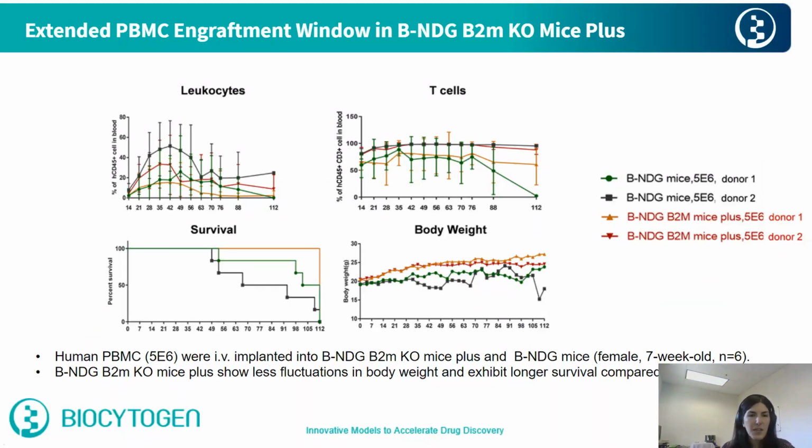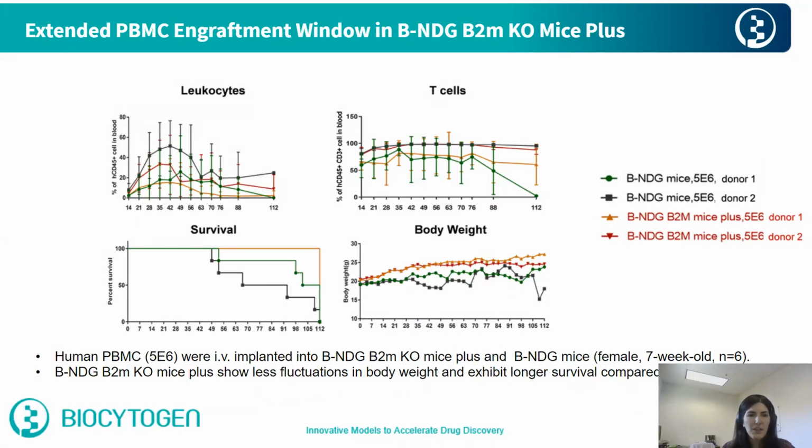Here's another sample study with a little bit longer timeline, just so you can appreciate the extended time window that this model offers. So flow cytometry data shows comparable engraftment of leukocytes and T cells from 2 separate donors, with the green and the orange from the same donor, and the red and the black engrafted with cells from the second donor.